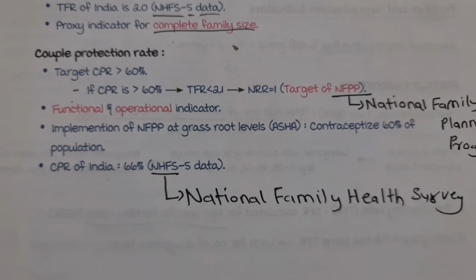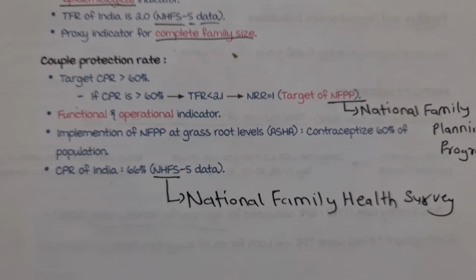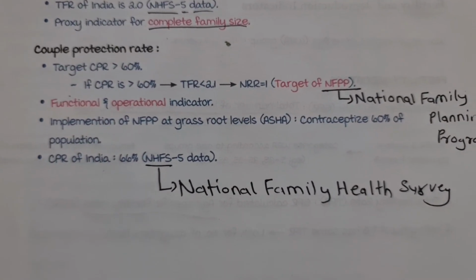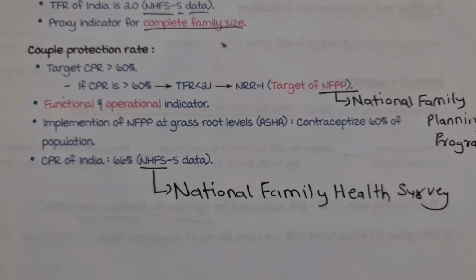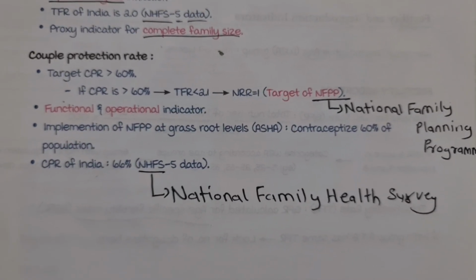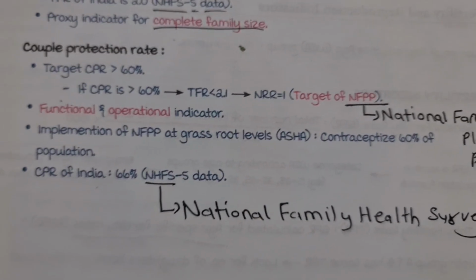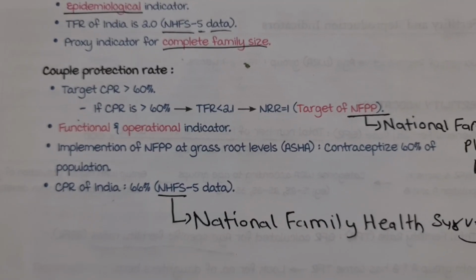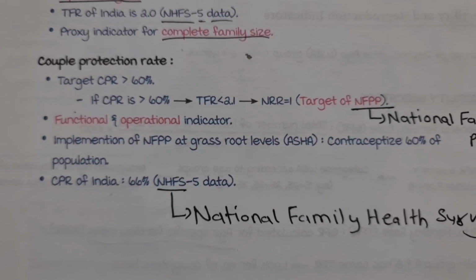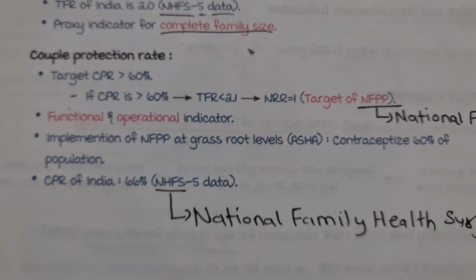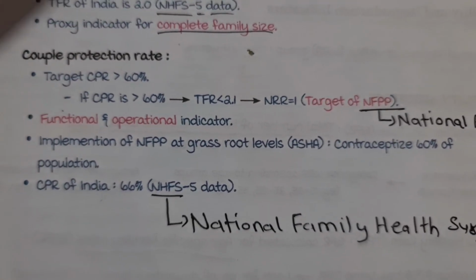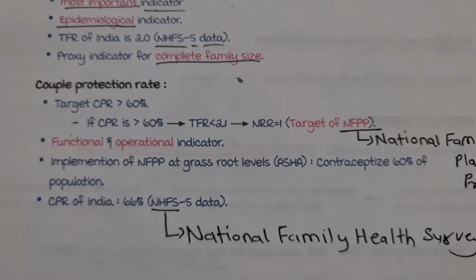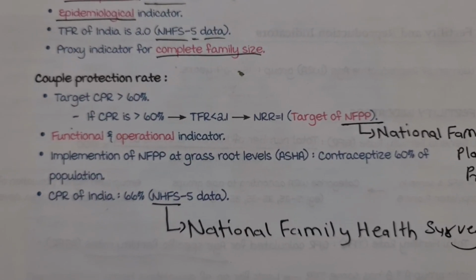If the couple protection rate is higher, then we can say that the fertility of that population is low, because we are enabling couples to use contraceptive methods and not to produce babies. So this is the couple protection rate.